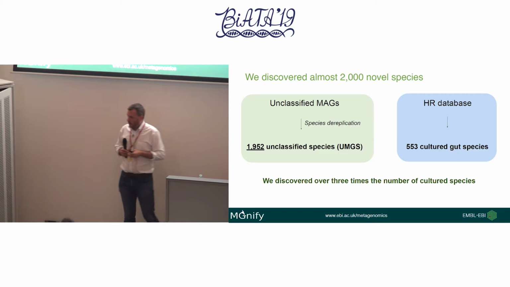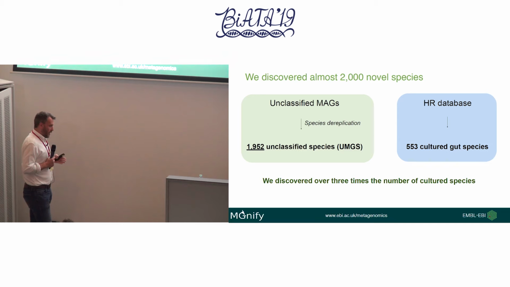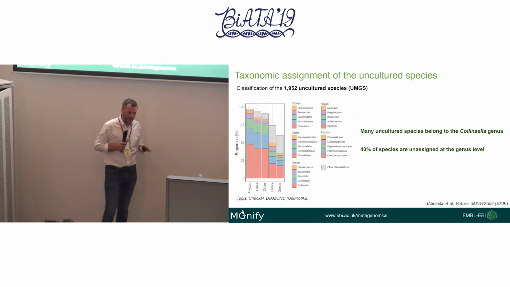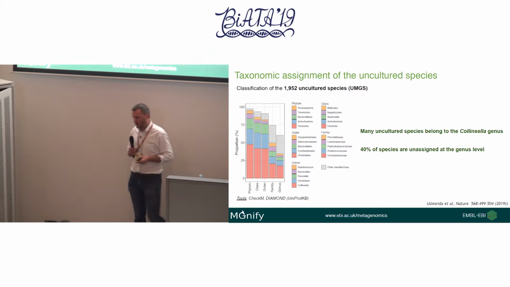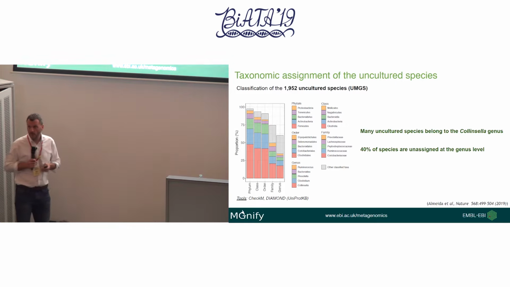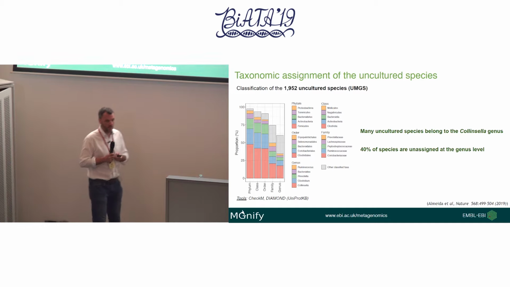So, what could we find and what could we say about these? We're really cautious about not overstating things, and so we always tune what we say to the more conservative side. We also do a lot of work to try and verify the classification. We can use CheckM, which gives us an idea.